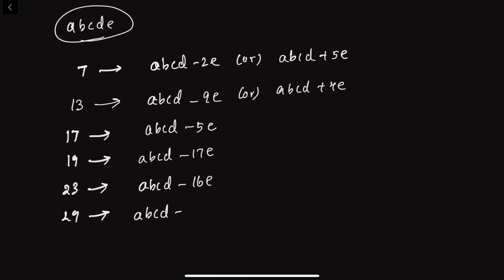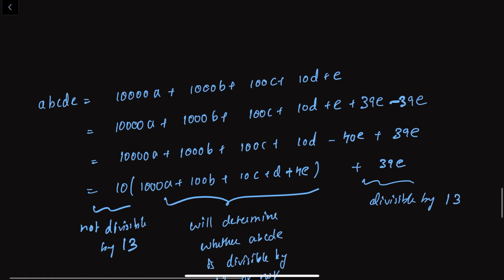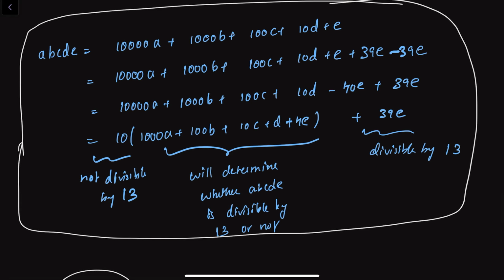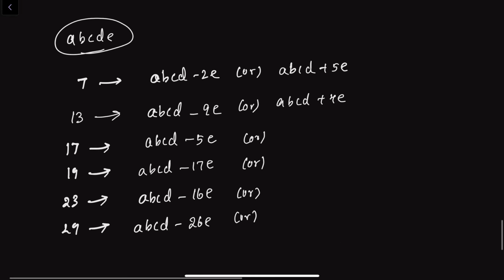And for 29, 29 nines is 261, so basically 26E. So that's one way to understand these divisibility rules, and for all of these we can use a similar method using place value expansions.